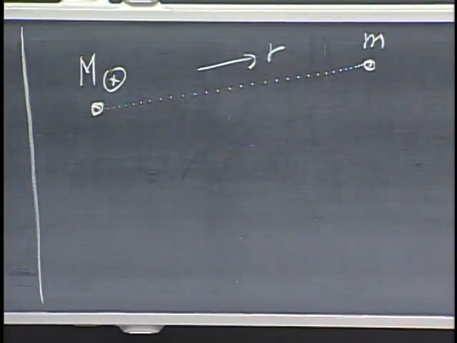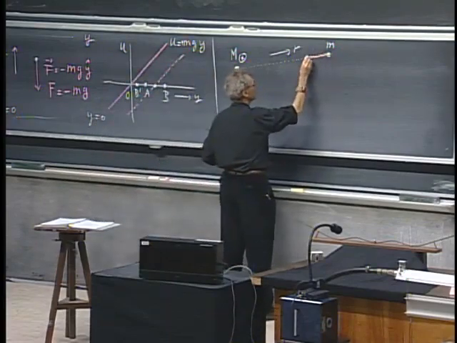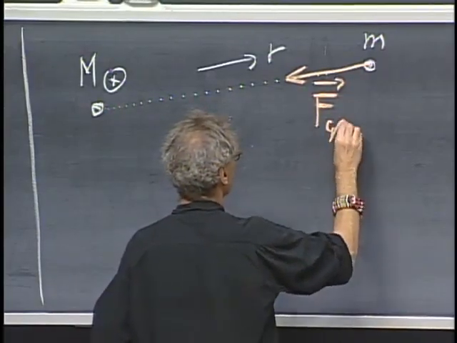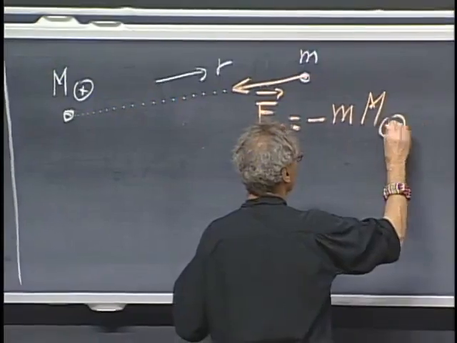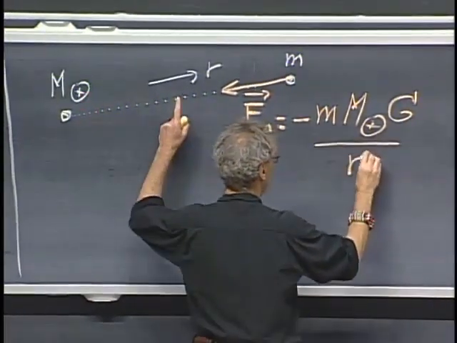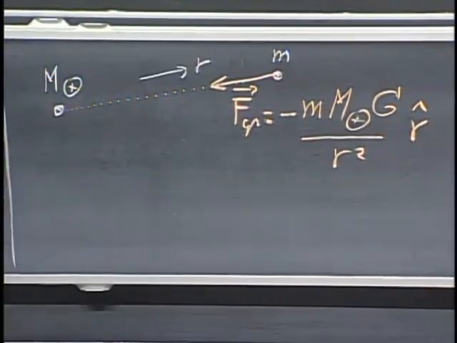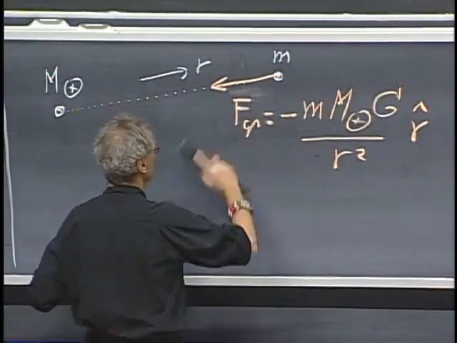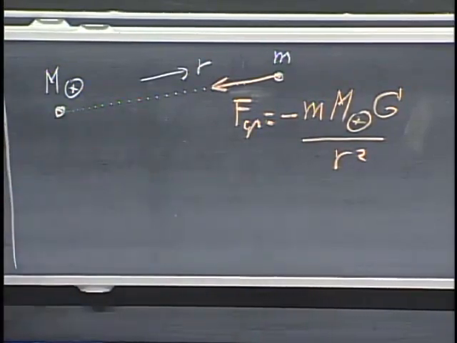I now know that there is a gravitational force on this object, Newton's universal law of gravity, and that gravitational force equals minus m Earth, G, divided by this r squared, r roof. So this is a vectorial notation. Since it is really one-dimensional, just like we did there, we would delete the arrow and we would delete the unit vector in the positive r direction. And so we would simply write it this way.